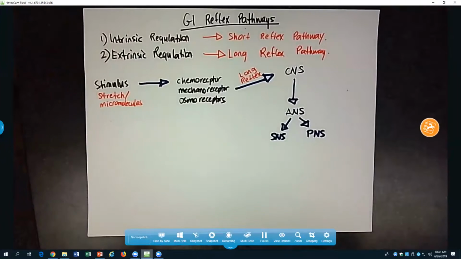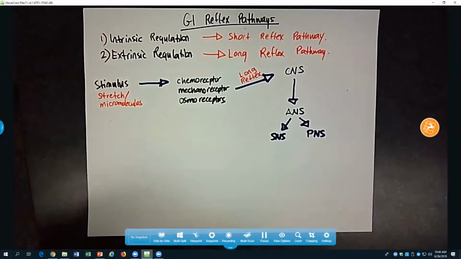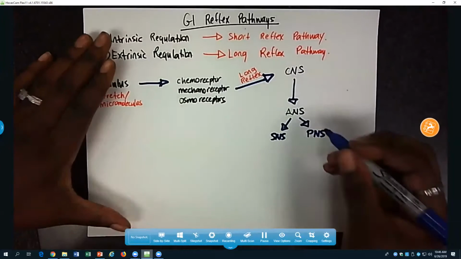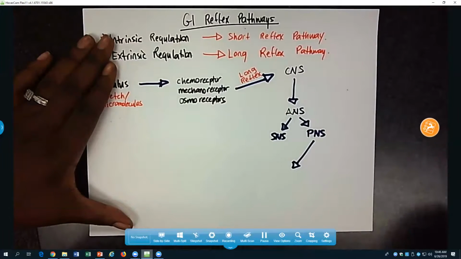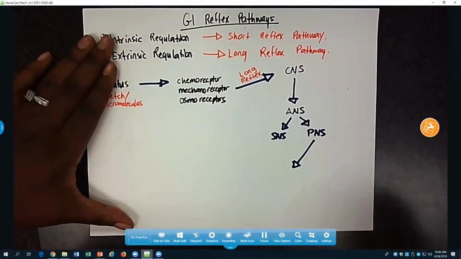Now, which of these is going to potentiate this reflex? The parasympathetic, right? Remember that rest and digest. So the parasympathetic influence is going to potentiate this reflex pathway. And so what we see here is that the enteric nervous system will then be engaged.